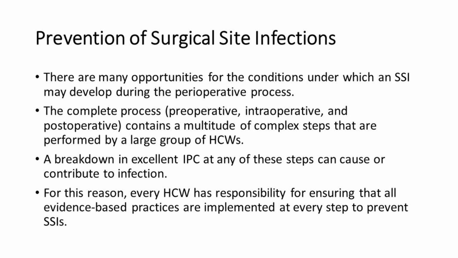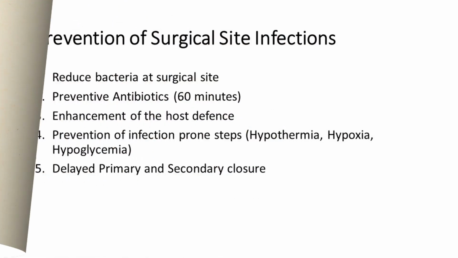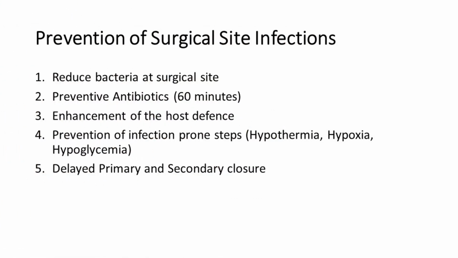prevent surgical site infections. In order to prevent surgical site infections, we need to reduce the bacterial count at the surgical site, as mentioned before in the heading of inoculum of bacteria, as a risk factor of the surgical site infection, and there is a need to reduce that burden.